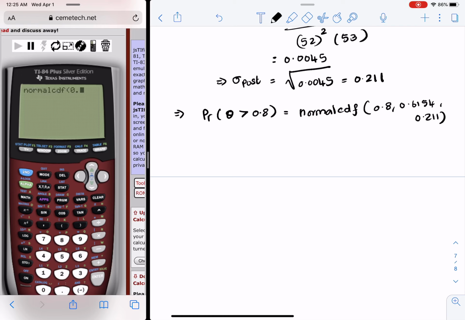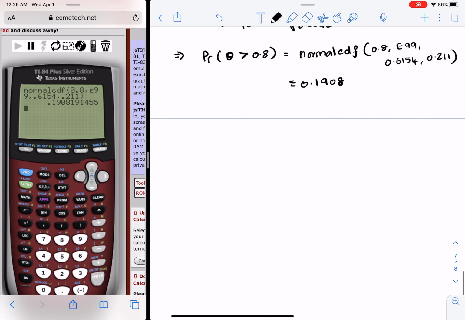I'm doing R stuff here. Forgot that I'm using a calculator. So 0.8, E99, comma, 0.6154, comma, 0.211. And there is only about a 19% chance that the value of theta is going to be greater than 0.8.